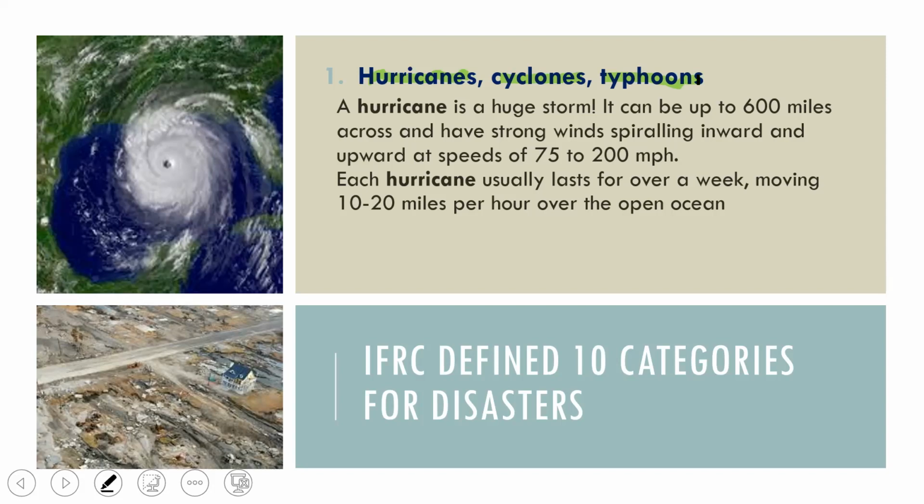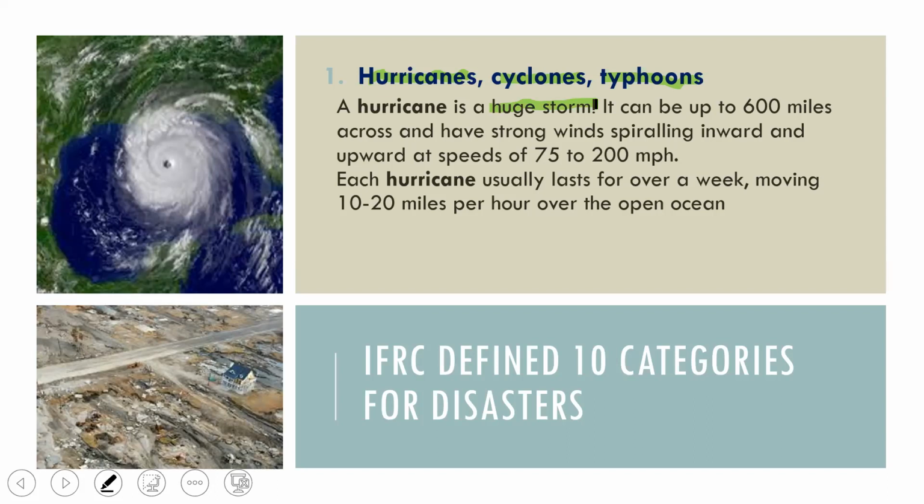Cyclone is used in the Eastern Pacific, in Western Pacific, in Eastern Africa and this area, while typhoon is usually used in Southeast Asia. They are all talking about the same thing. There are slight differences between them, but we are not going to this level of detail. All of them are considered a huge storm.